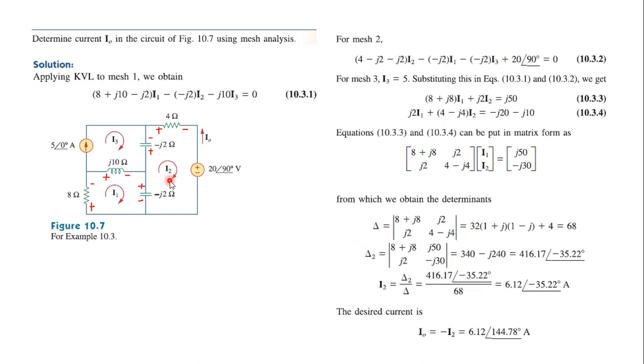If we find current I2, then the negative of I2 will be I0. To find I2 we first find del 2: in the determinant, replace the second column with the right hand side values. Now I2 is del 2 by del; substitute the values and find I2. Now we find I0, which is the opposite of I2, so it is minus I2, and this is the value of the current.